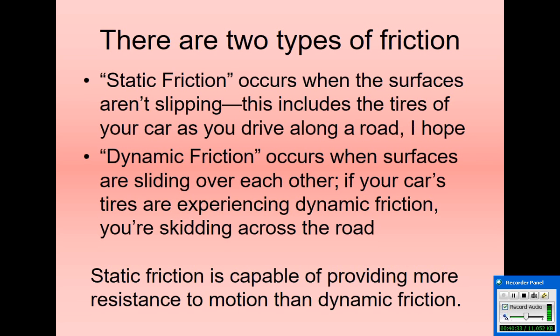If you're driving your car across an icy patch and your tires start to spin and you start to skid across the road, you're actually in the realm of dynamic friction. The surface of the tire is not grabbing securely onto the road. It's sliding across the surface of the road, and so you get that skidding effect.